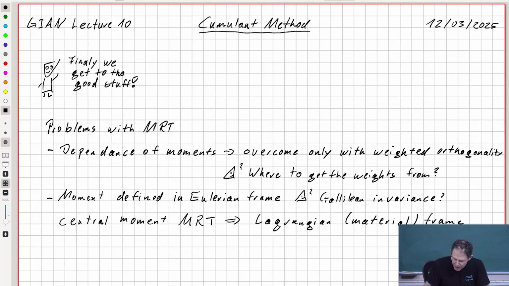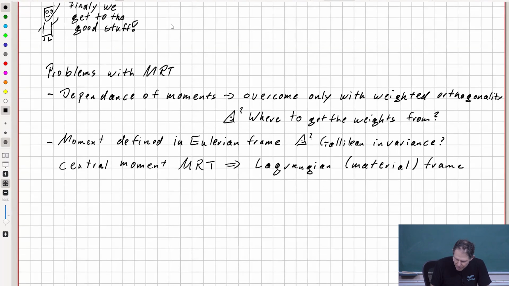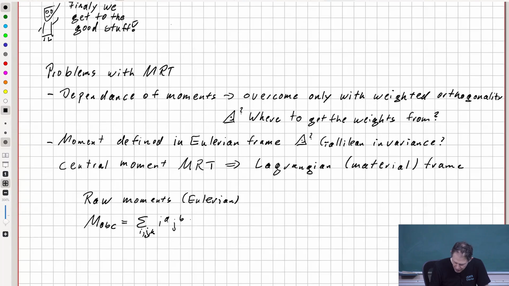So as a reminder, but now you all should be very familiar with this, we have the raw moments. So they are Eulerian. We call them M_abc, and they are the sum over the indices i, j, and k of i to the power of a, j to the power of b, k to the power of c, into f_ijk.